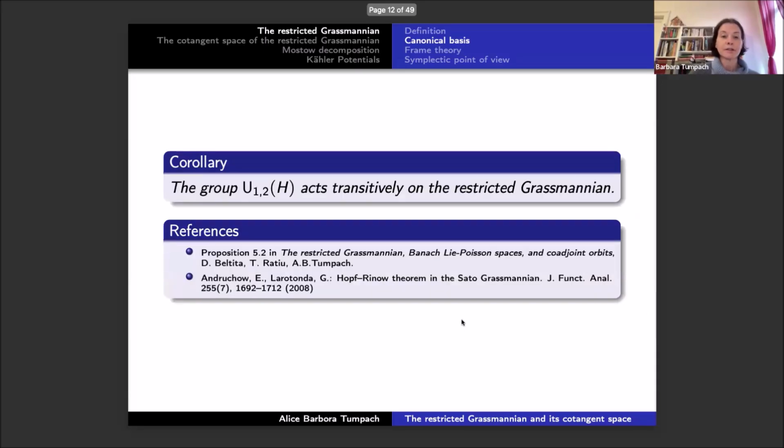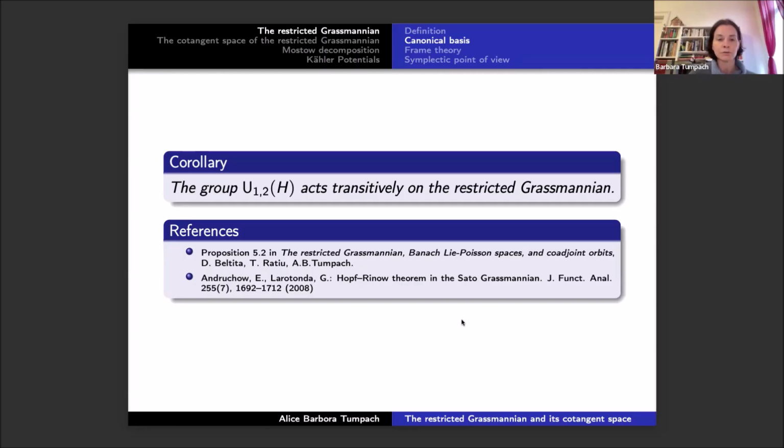So what we have seen before is that U12 acts transitively on the restricted Grassmannian, and we used the canonical basis and the polar decomposition to show this, but there are also different proofs of this fact in the literature.